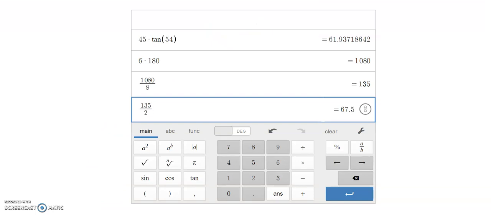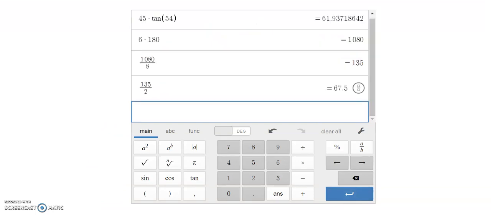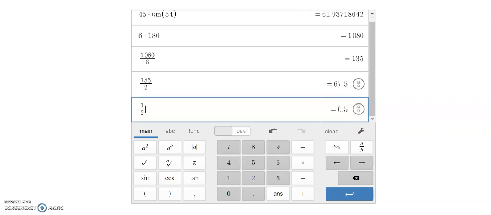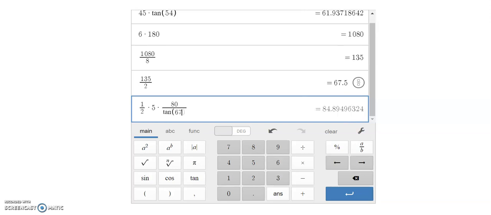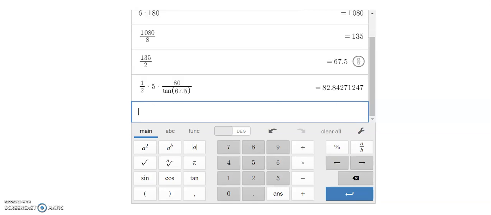So I can go straight to Desmos. We go 1/2 times the apothem times the perimeter, which was 80 over the tangent of 67.5 degrees.